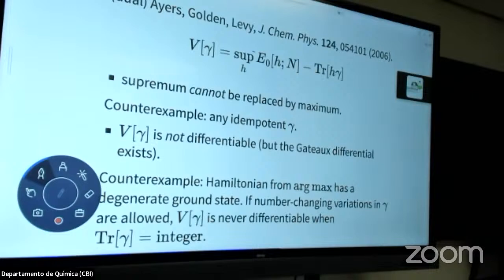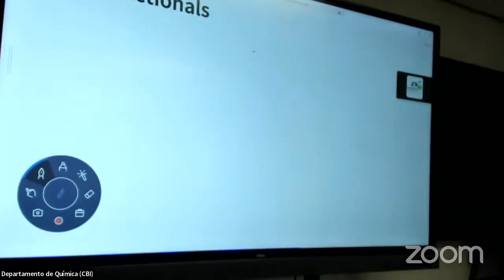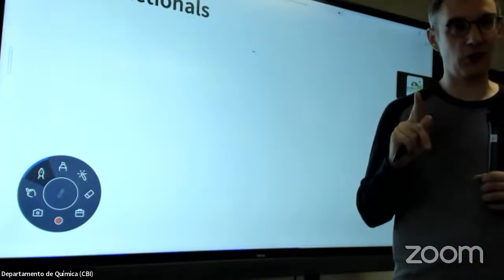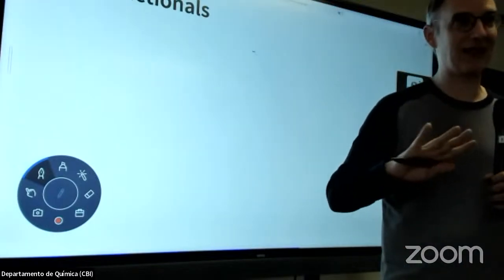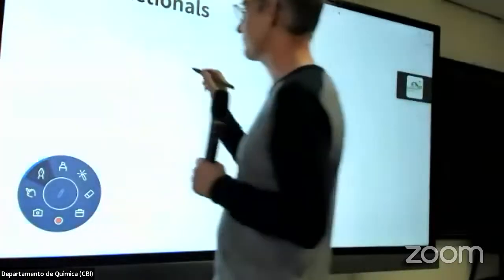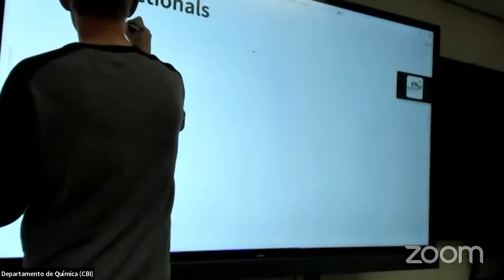Okay, next slide. So now we can talk about the functionals. Let's talk first about the Valone functional. This is the classic functional.